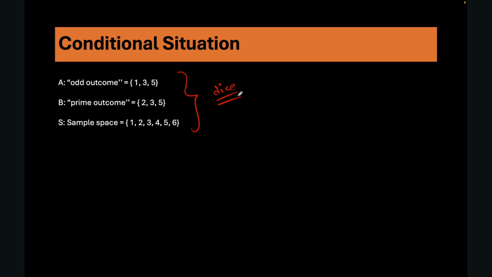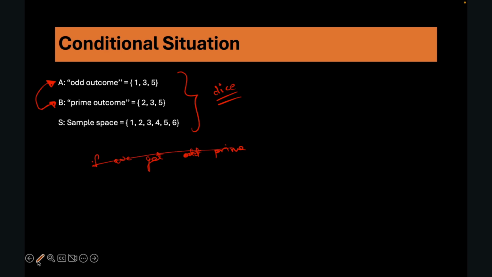Now, let's say that, given the fact that we get a prime number, what is the probability that we also get an odd outcome? Let's make it really simple.